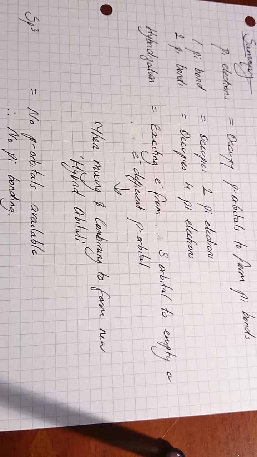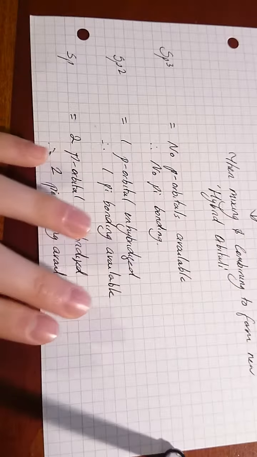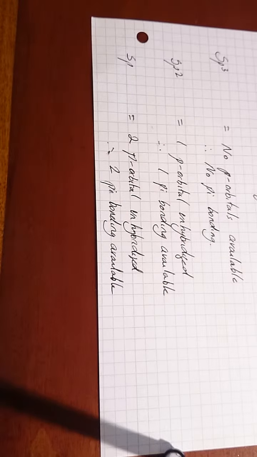Hybridization involves exciting an electron to a higher energy, i.e. the p orbital, and involves combining the s orbital with the p orbital to form new hybrid orbitals. sp3 hybridization forms no p orbital. sp2 hybridization forms one pz orbital, and sp hybridization forms a pz and a py orbital.